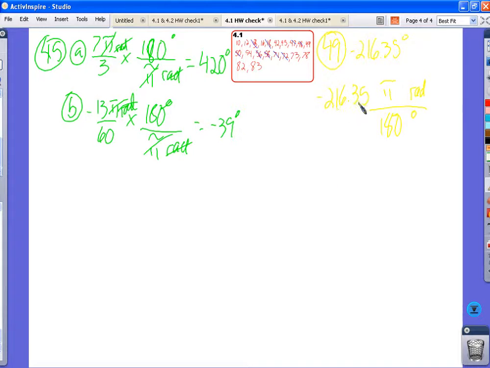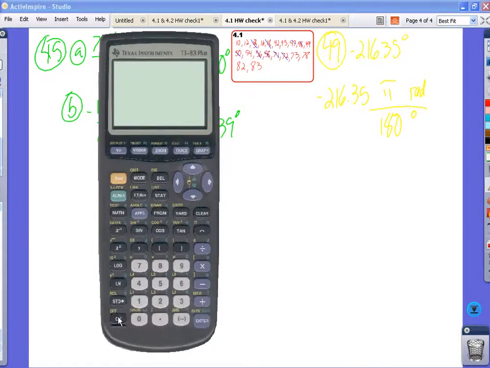So negative 216.35 times pi divided by 180.